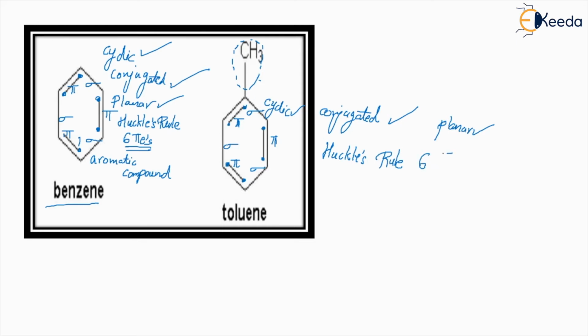So we have 6 pi electrons, making it again an aromatic compound. This is how we classify which compounds are aromatic in nature, which compounds are non-aromatic in nature, and which compounds are anti-aromatic in nature.